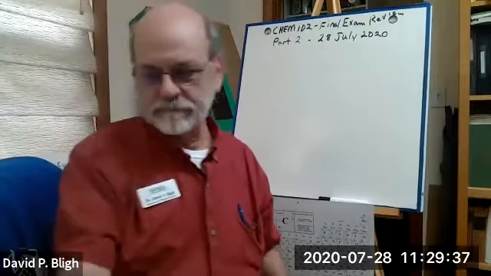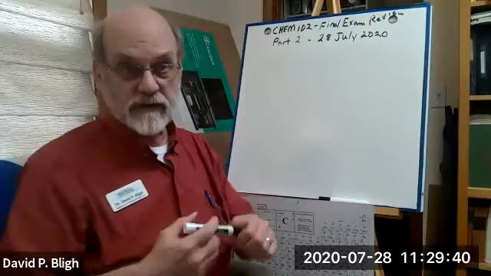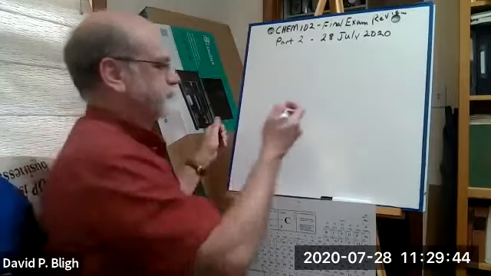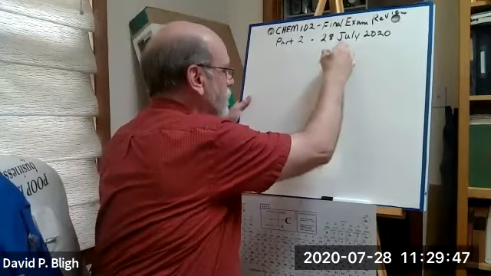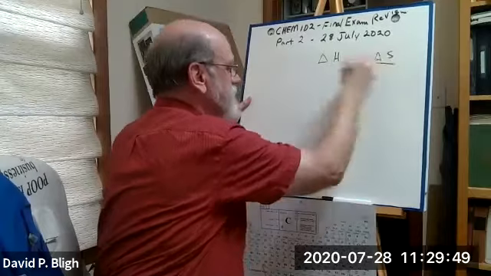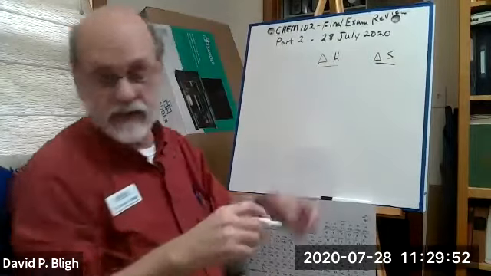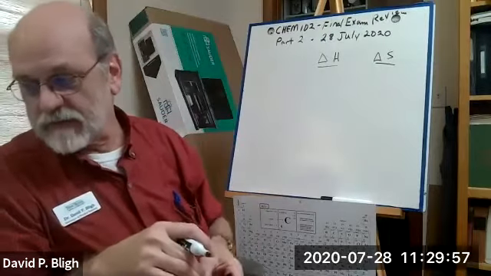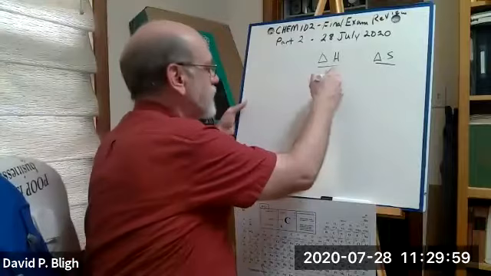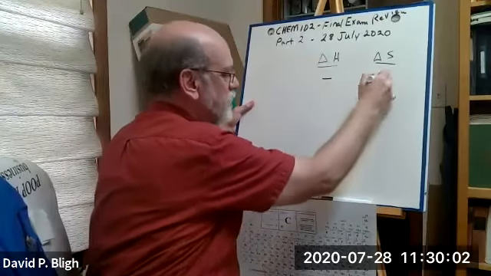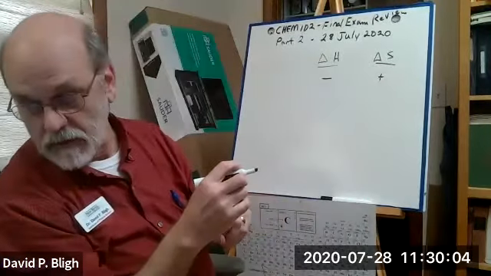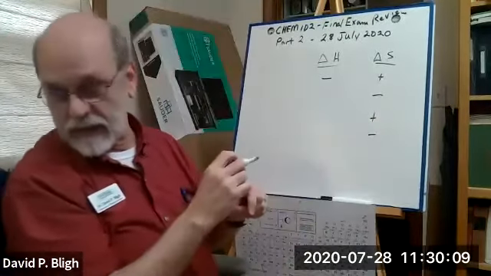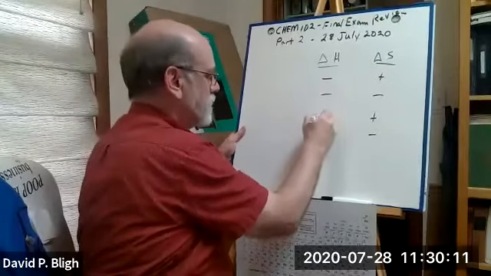All right. Let's stay on delta G's. Let's say we have delta H's and delta S's for different reactions, or for the same reaction for that matter, because it will change with temperature. And let's say we have a negative value here, positive there, and then we have a, like that.